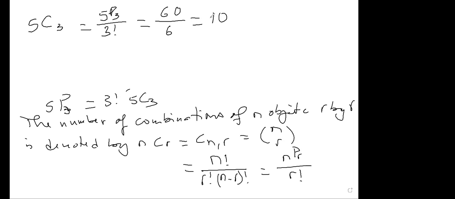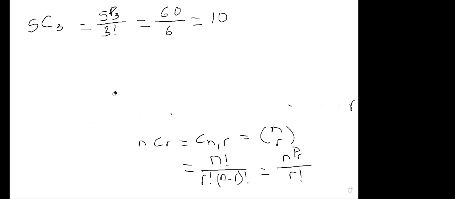Now using your calculator, you will enter 5, then math, probability, and choose combination there, which is number 3, and then write 3. Are you able to get 10?